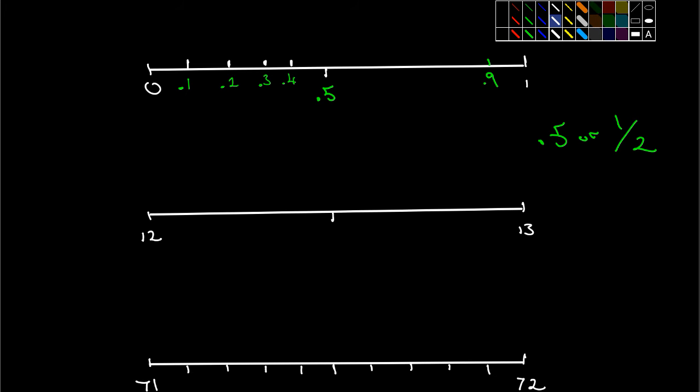Mr. Delgado, where do you think 0.6 would be? Next to the 5. Yeah, right about here. 0.6. Mr. Hinkle, where's 0.7?